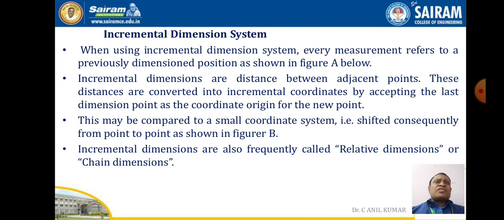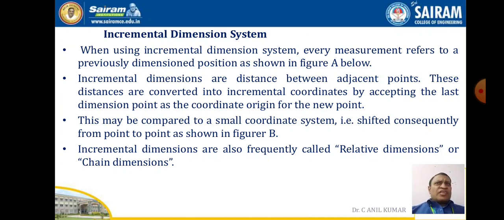The other dimension we normally refer to is the incremental dimensional system. When we are using the incremental dimension system, every measurement refers to a previously dimensioned position. The incremental dimensions are the distance between the adjacent points.